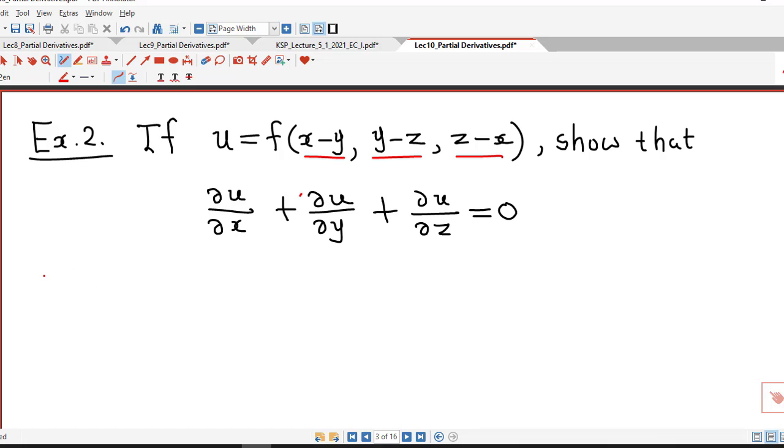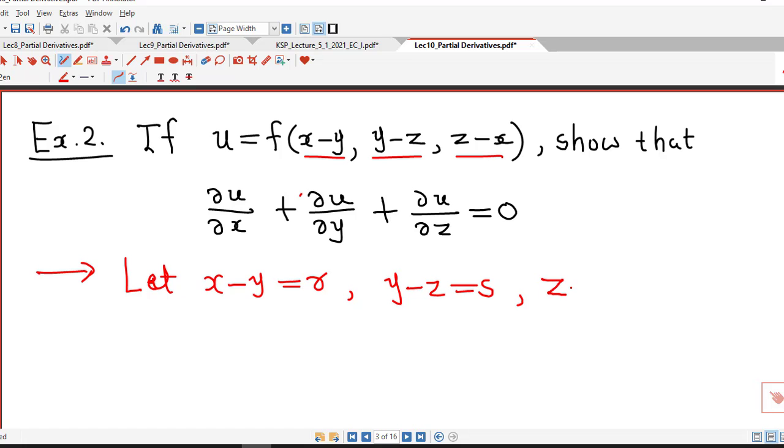So here first we will assume, let x minus y be denoted by small r, y minus z by small s, and z minus x by t. Then we can write u as a function of r s t.